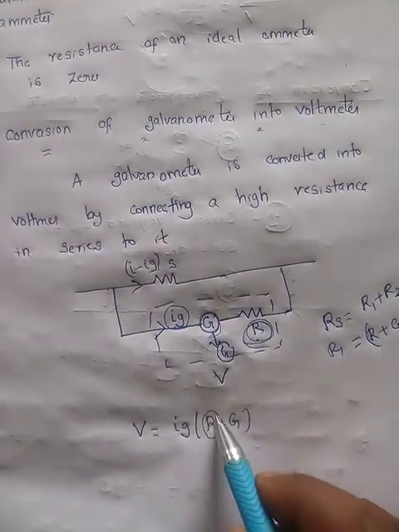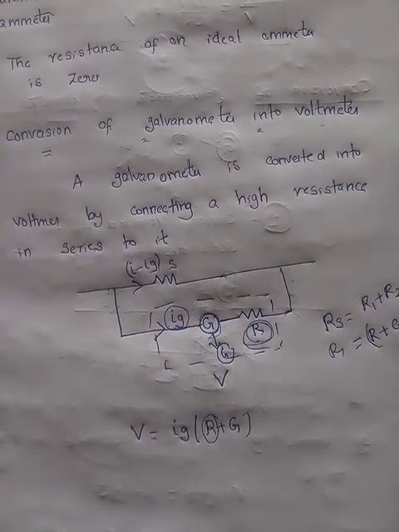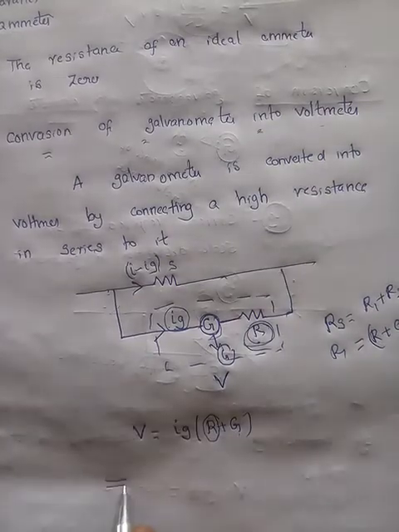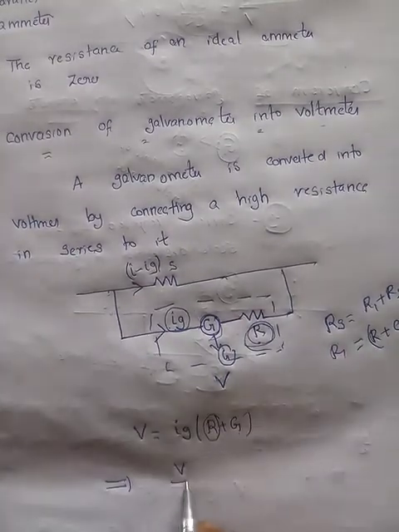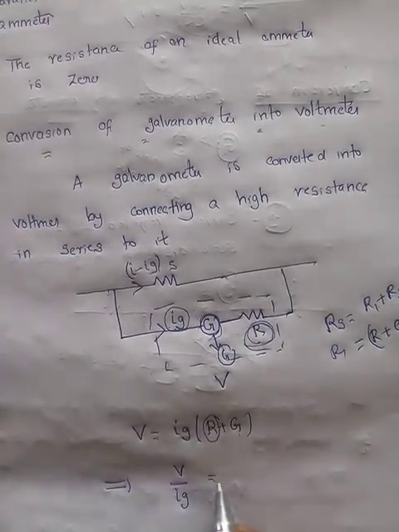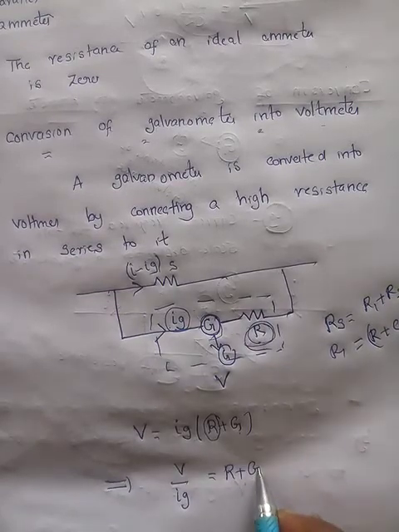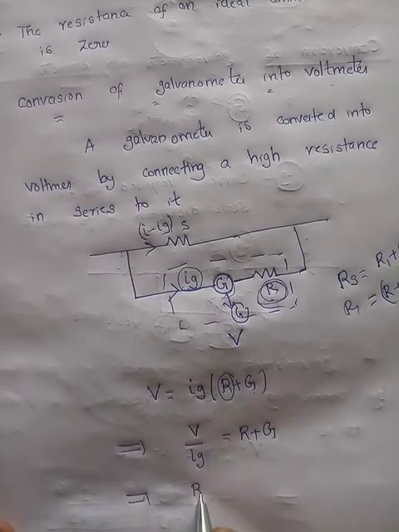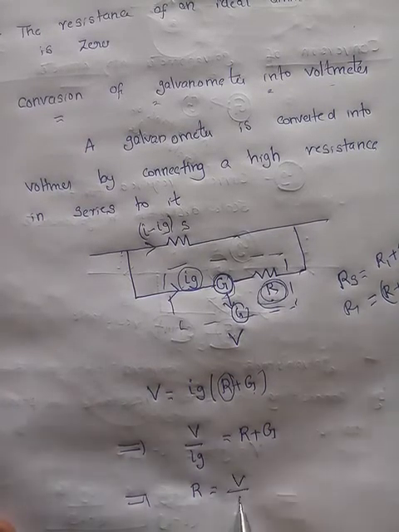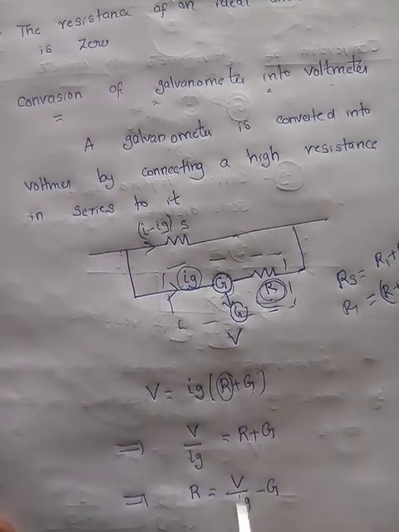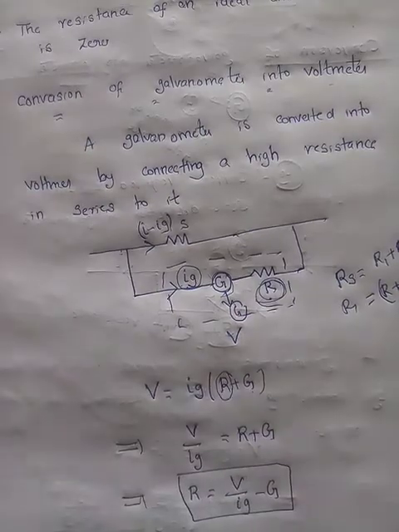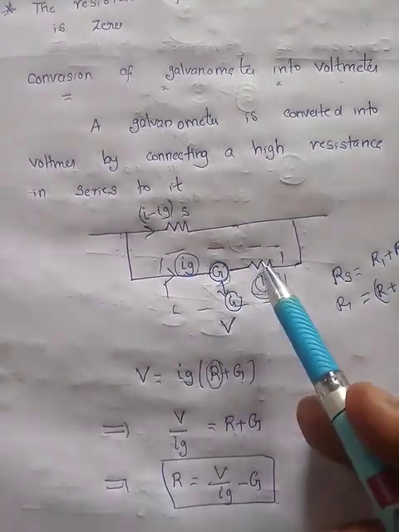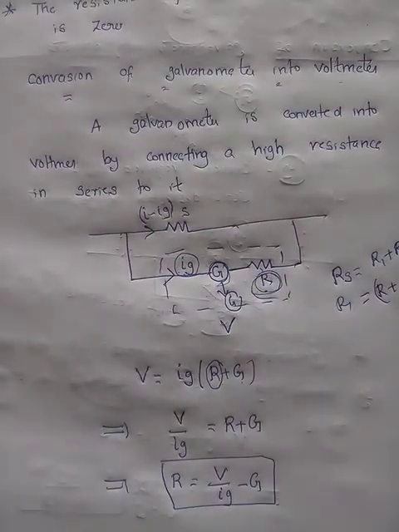Now what we have to calculate is how much resistance we have to connect so that we can convert the galvanometer into a voltmeter. V by Ig equals R plus G. That implies R equals V by Ig minus G. If you connect this much resistance in series with the galvanometer, it converts into a voltmeter.